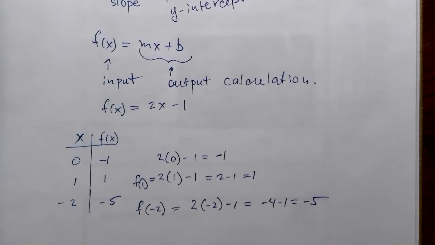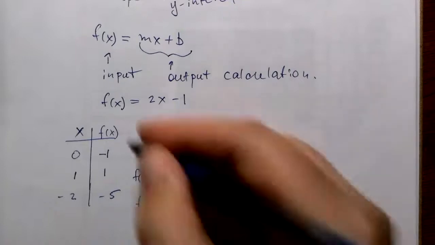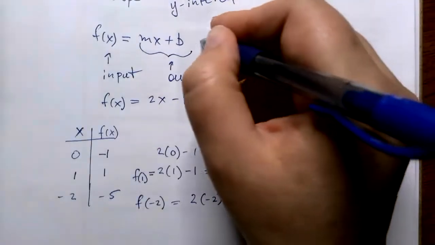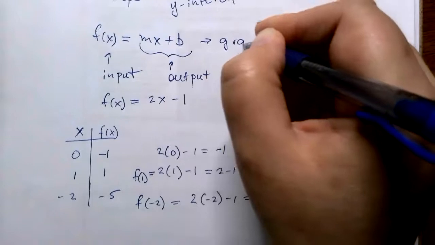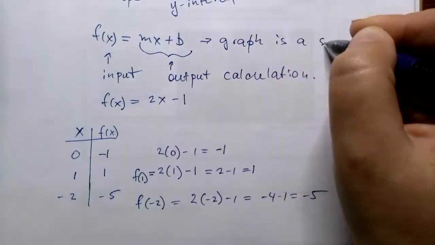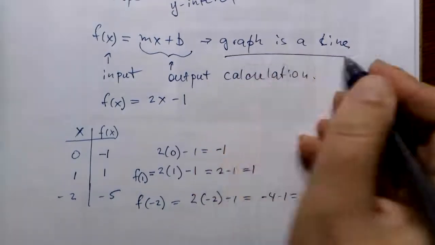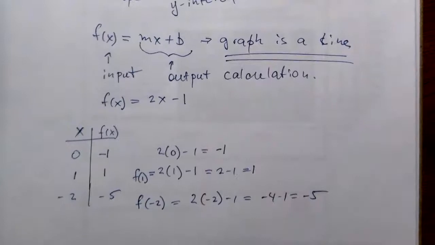If you remember anything about linear functions, the graph of this function is a line, a straight line. Two points define a line, so in order to graph a line, we only need 2 points.